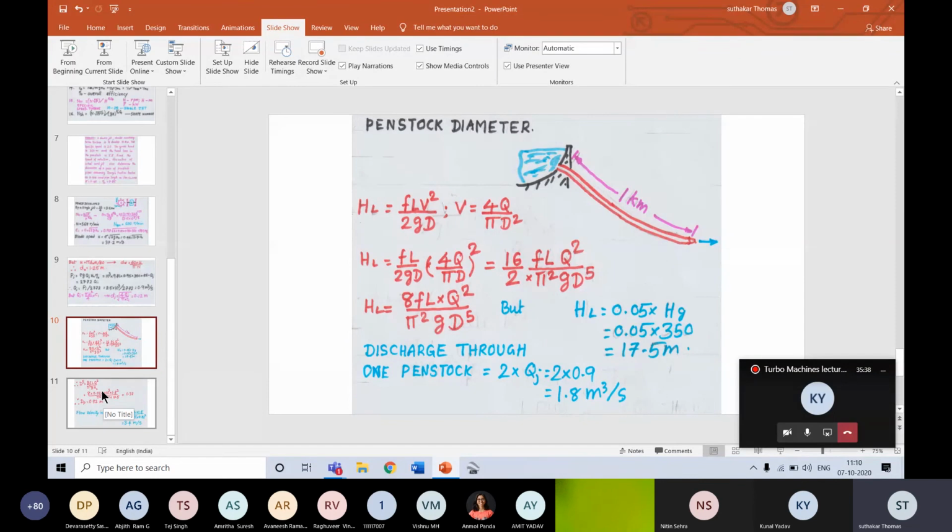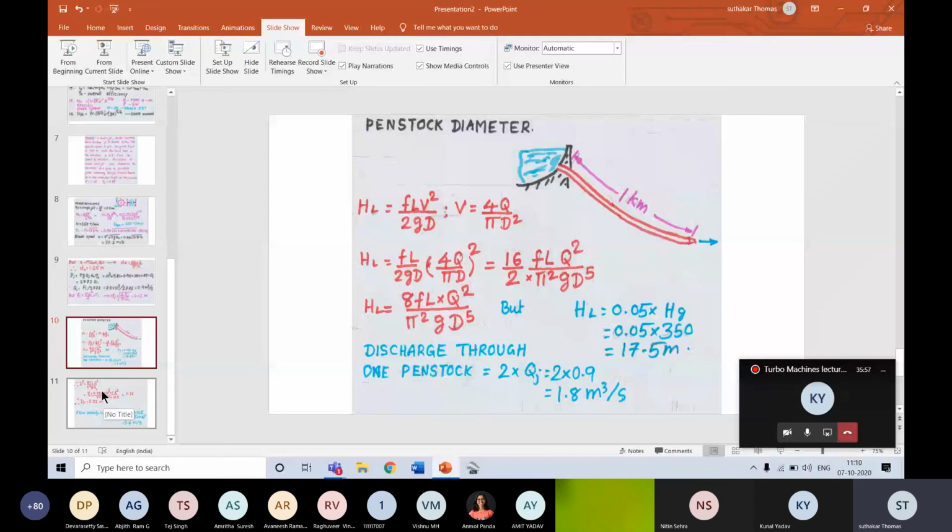So as such, I think we will stop our discussion on Pelton turbines. It is an impulse turbine, used for very high heads. Some specific speed is mentioned, maybe around 10 to 25 or 50. That is the range.